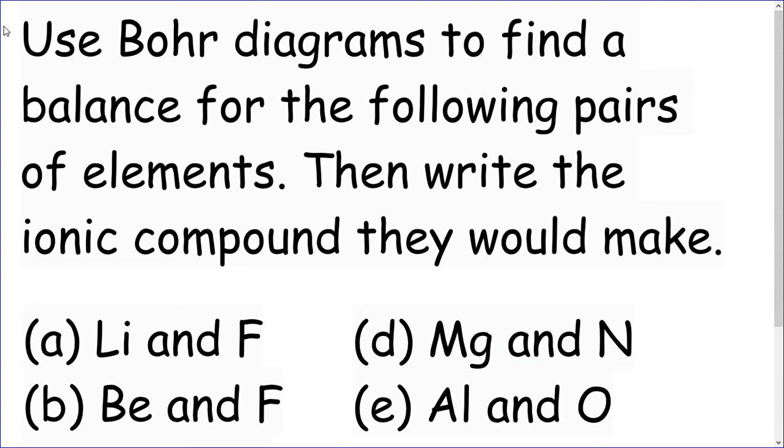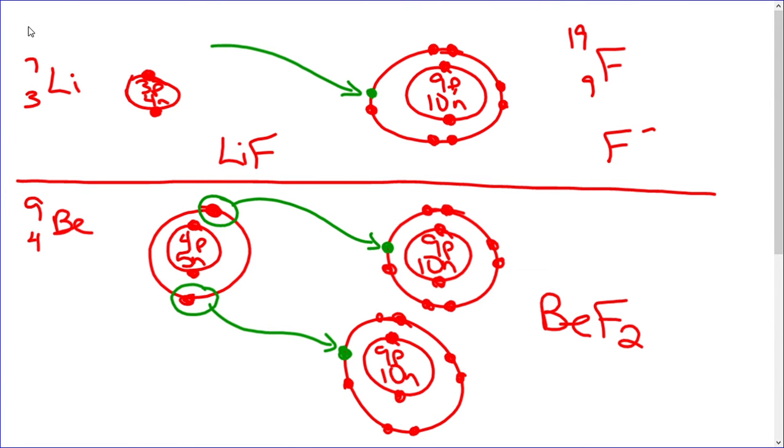Going on to D. D is magnesium and nitrogen, so let's take a look at that one and see what that looks like. Okay, so D, magnesium, looks like it has an atomic mass of 24, and it has an atomic number of 12.